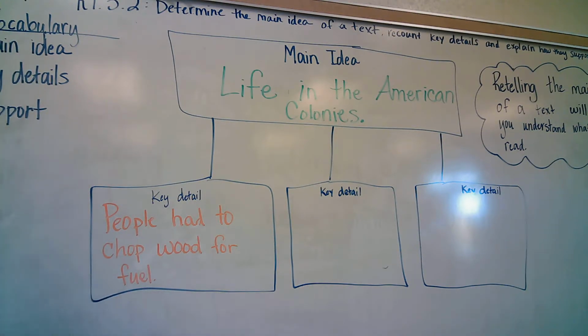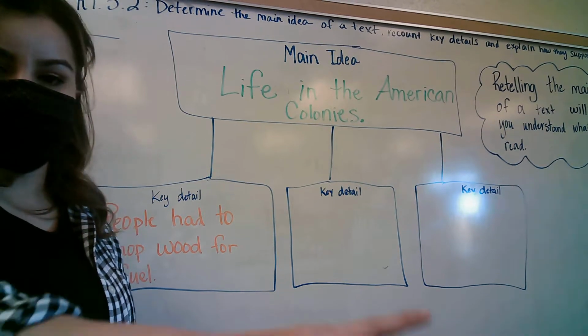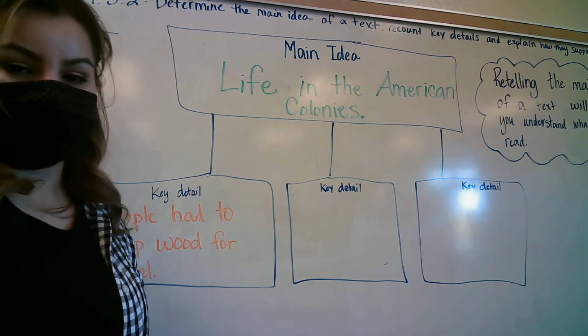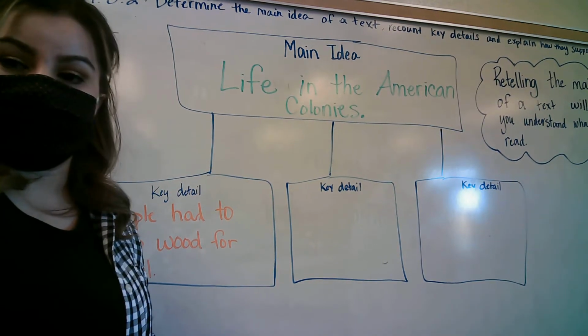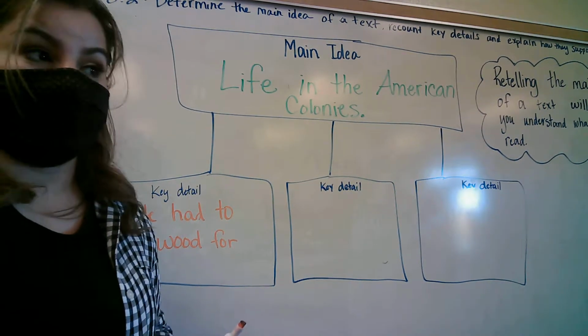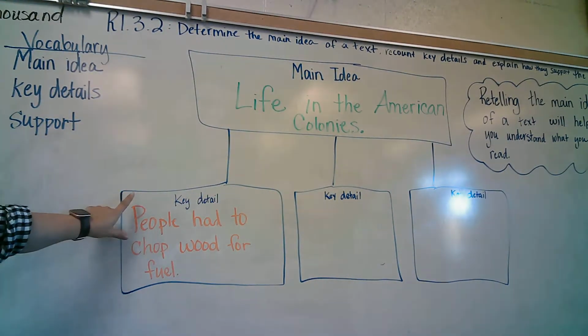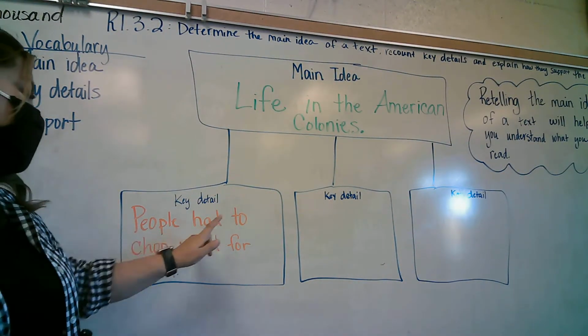What is fuel? It's like something that keeps you going. Right, it's another word for gasoline or something that keeps something going. Okay, so we have our first key detail, which is people had to chop wood for fuel.